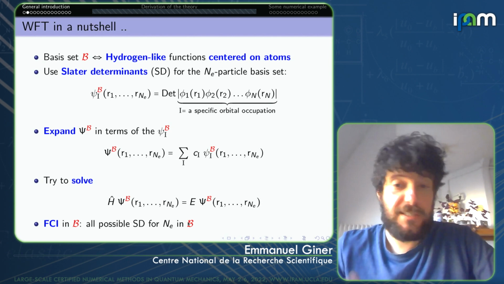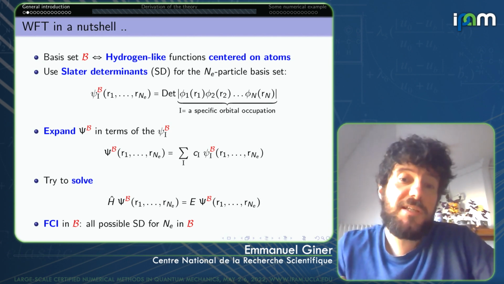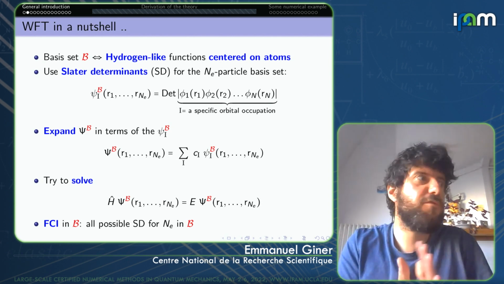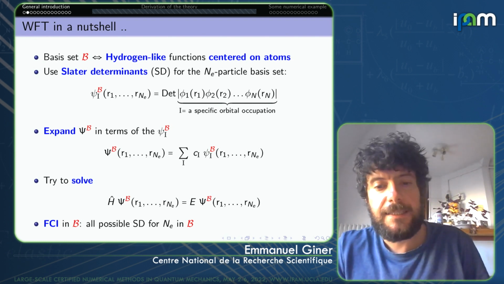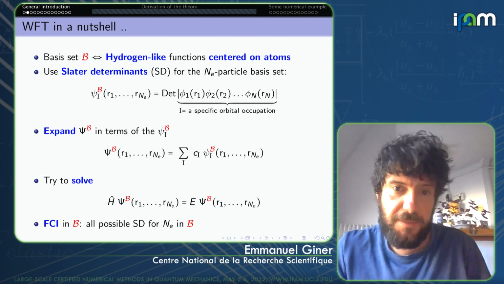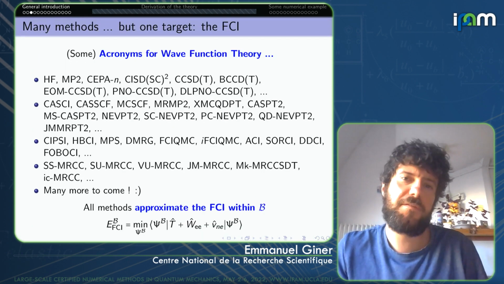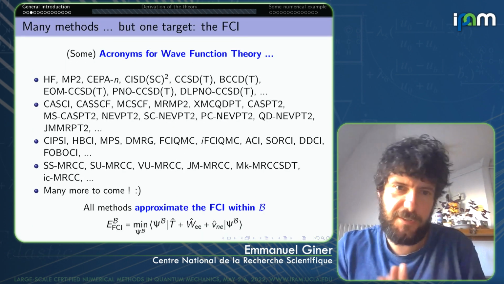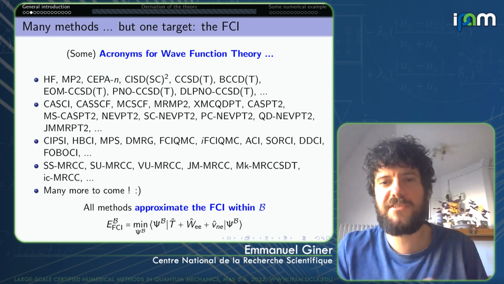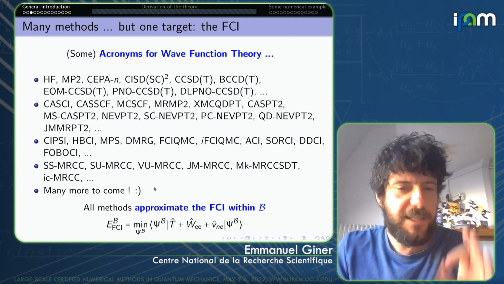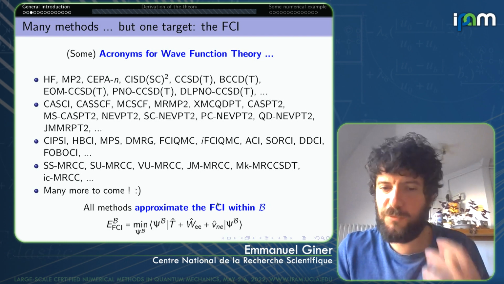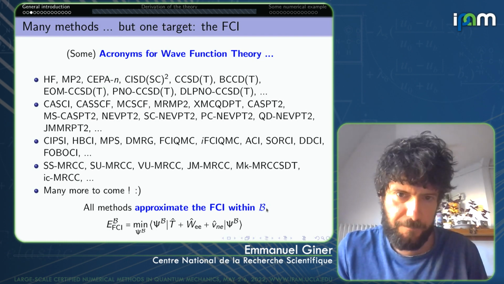And this is why in quantum chemistry, for essentially a few decades, there have been a lot of proposals of approximated methods, and there are a lot of wave function acronyms and methods. But just keep in mind that at the end of the day, they all try to approximate the full CI within a basis set. Okay.